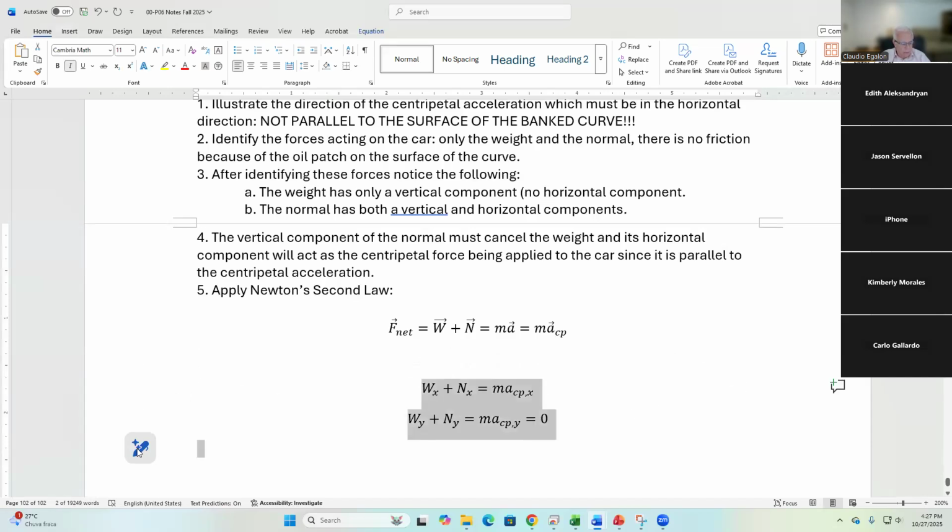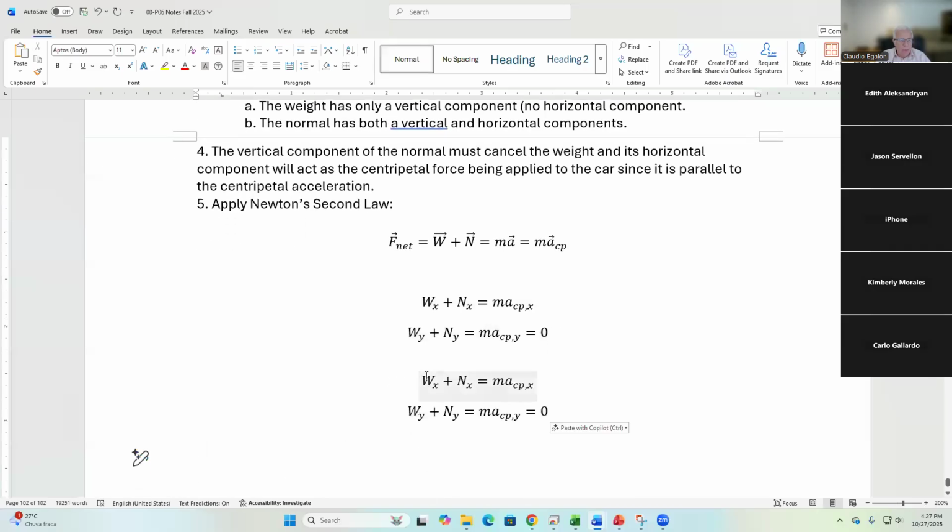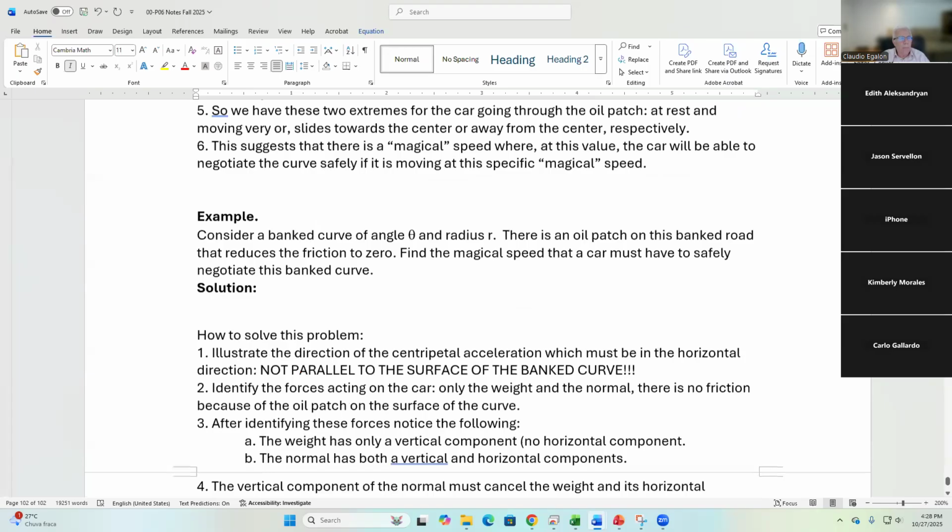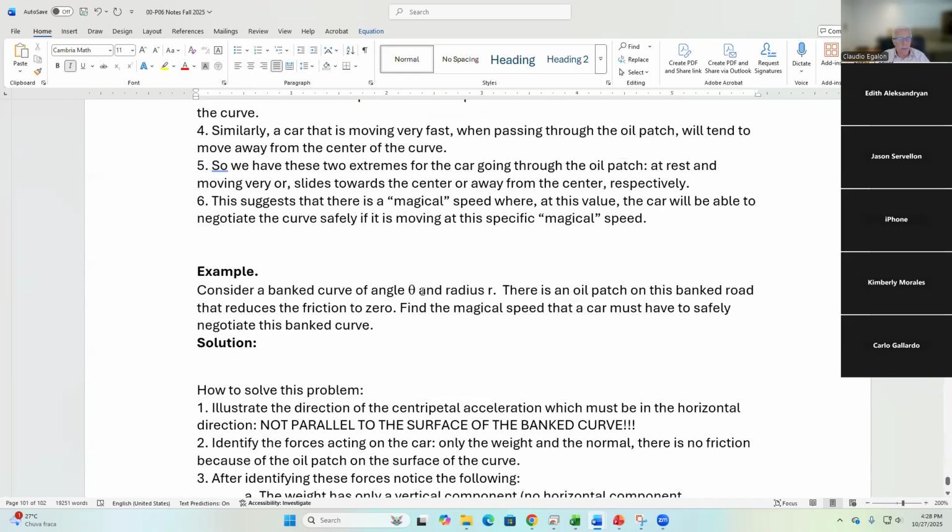What's next? The weight has no horizontal component whatsoever. And the centripetal acceleration along the x direction is v squared over r. We know r, right?